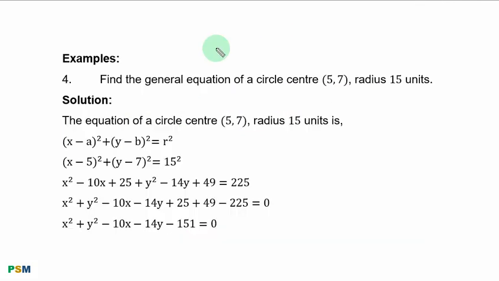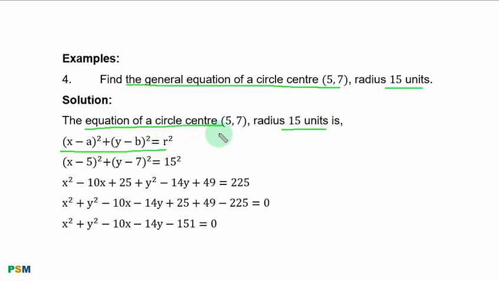Example number 4. Find the general equation of a circle, center (5, 7), radius 15 units. Solution: the equation of a circle center (5, 7) radius 15 units is given by this form, where (a, b) is the center.